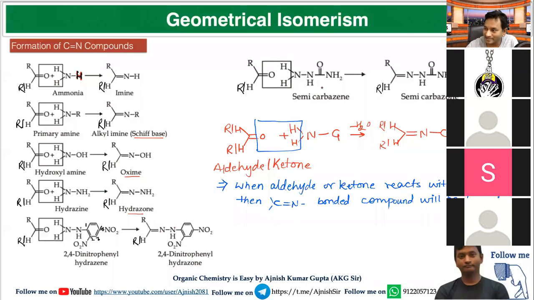And when semicarbazide reacts with aldehyde or ketone, there is formation of carbon double bond nitrogen, and this compound is called semicarbazone. Is it clear to everyone? Yes, sir. Very good.